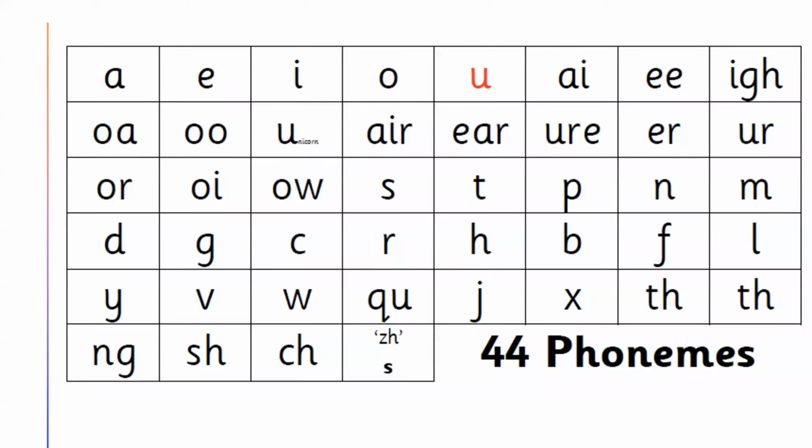So let's have a look at this phoneme chart again. As I said, it's 44 phonemes, but just one way to represent each phoneme. Each of the phonemes is represented here, so you'll be able to hear all 44 pronounced correctly. I think it's really important to also understand that people's accents can impact on our pronunciation.